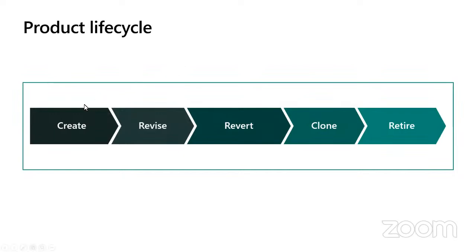Now, on to the next thing, we look at the product life cycle. If we look at the product life cycle, you can notice that there are various things that you have to look out for, or stages rather, that you have to go through. So for instance, you start by creating a particular product.